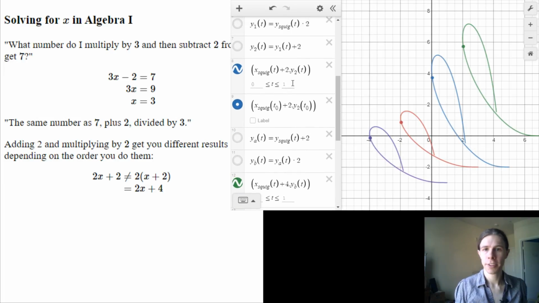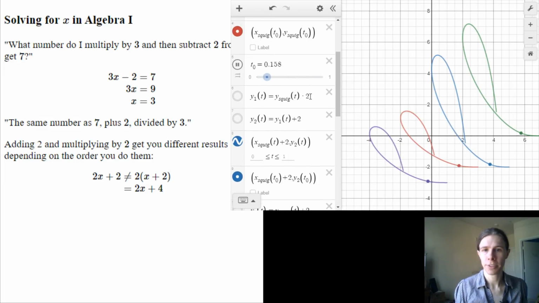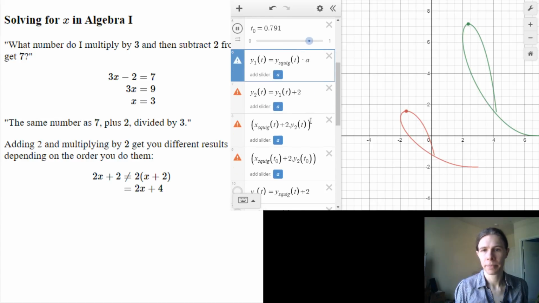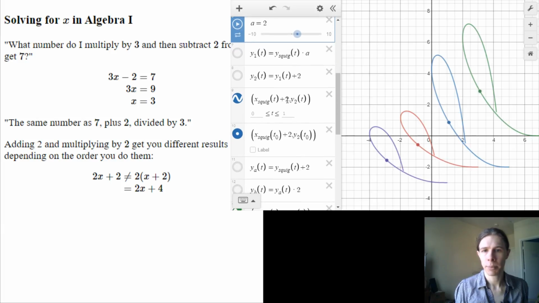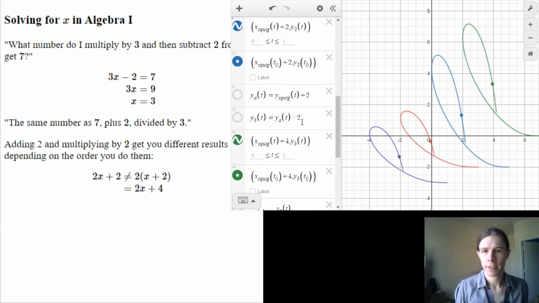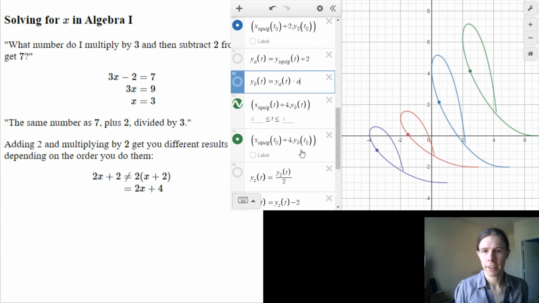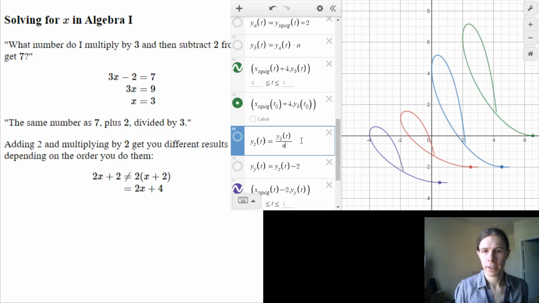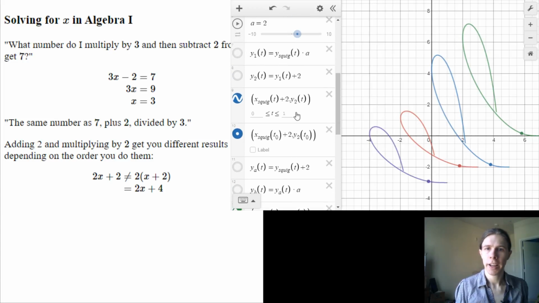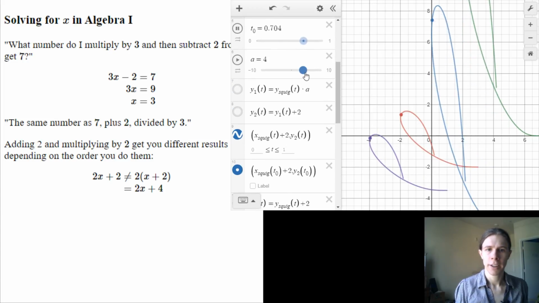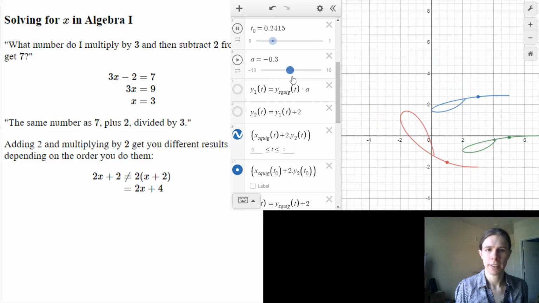I could have just as easily gone through in Desmos and every time I multiplied or divided by a thing, called that A and made a slider that was the number 2. And then every time I multiplied by A, divided by A, I could see what happens whenever I change what I'm scaling by.